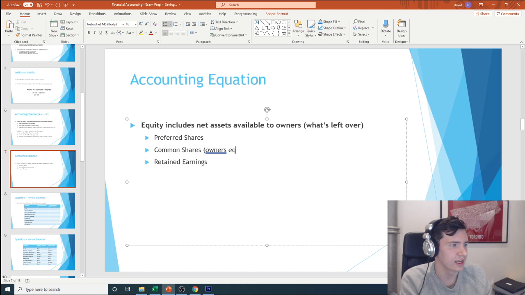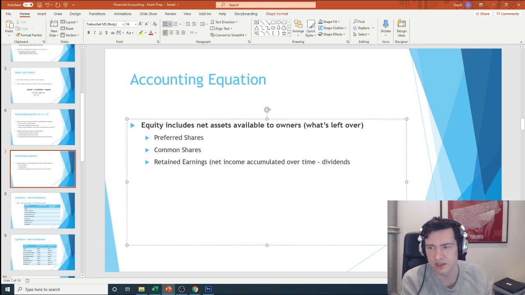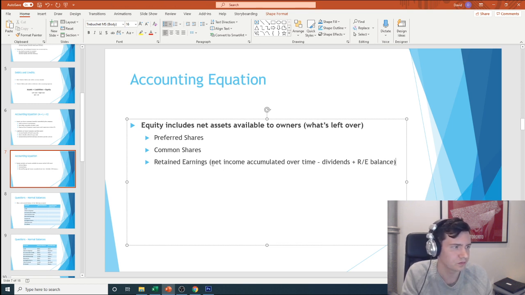And in large corporations, you'll have common shares. And retained earnings is your net income accumulated over time, less any dividends, plus whatever retained earnings balance you had at the beginning.